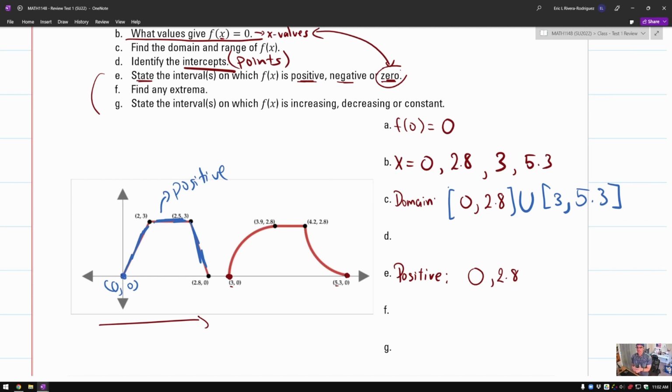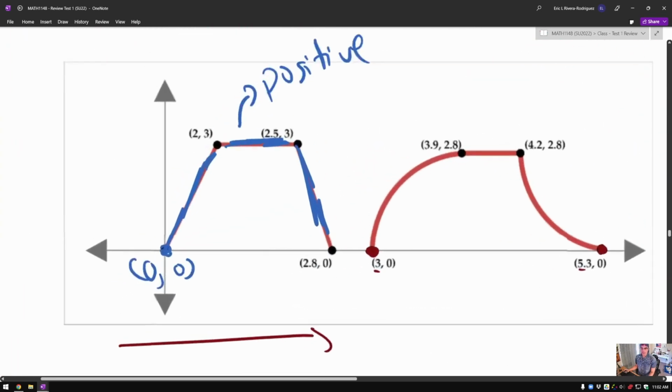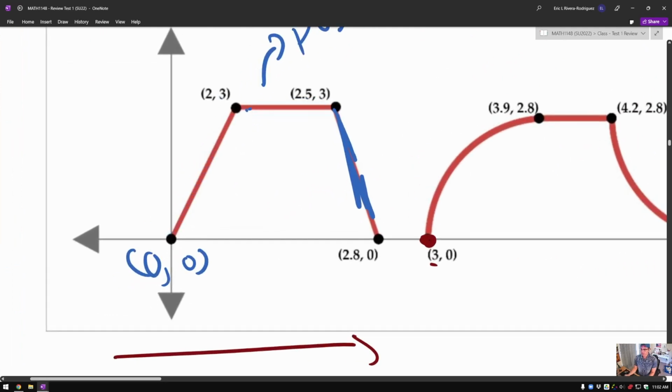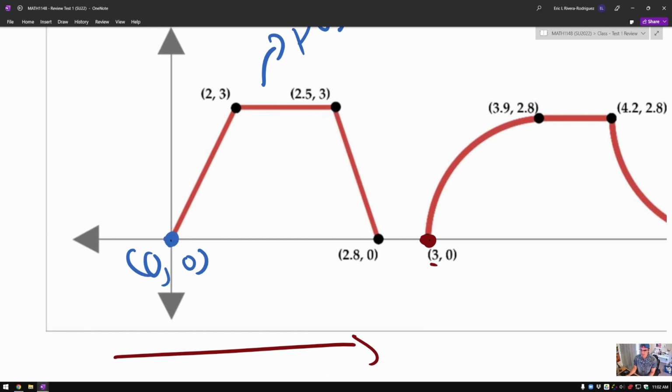But what exactly is the value of the function on those points, and I'm going to zoom on those points. What exactly is the value at this point? What is the f of x value here?